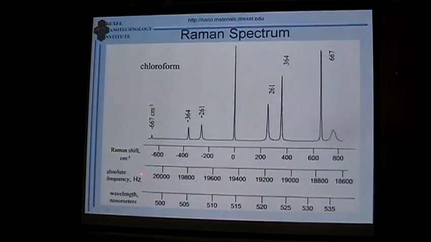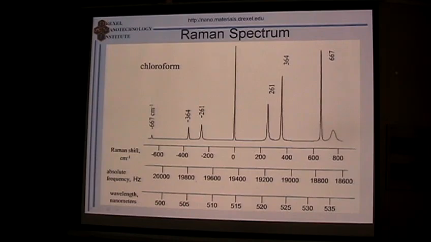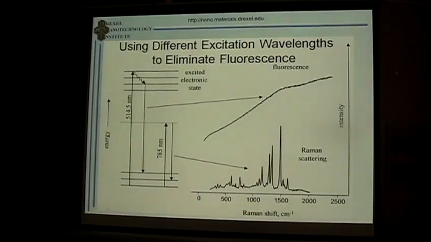If I plot it as a frequency or wavelength, I will have to tabulate data for every single excitation wavelength I use, which is just simply very inconvenient. That's why it's always used relative to the Rayleigh line, relative to the excitation wavelength. Then whether I use a green or blue or red laser, I will always have the same data, unless you have some other effects, and we will talk about it here.